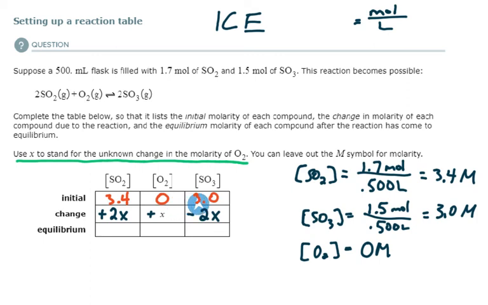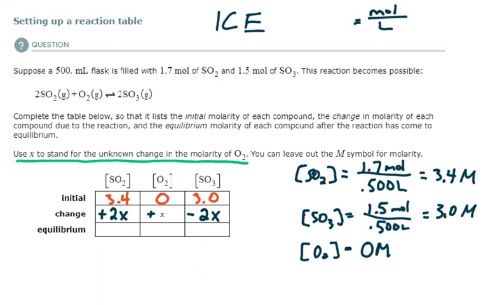So our initial concentrations were here. These concentrations will change. The products will increase and the reactants will decrease. I'm using this to determine what sign to use for my reactants and products. Oxygen is a product, so it's going to be positive. All the products will be plus, and the reactants will be minus. And so if I want to know what the equilibrium concentrations will be, what I'm going to do is add up these two values straight down, all my columns.